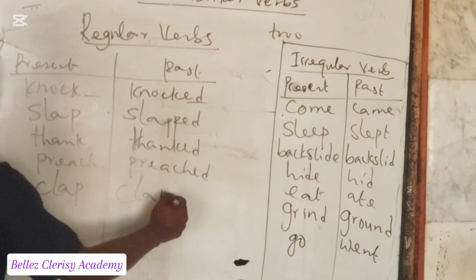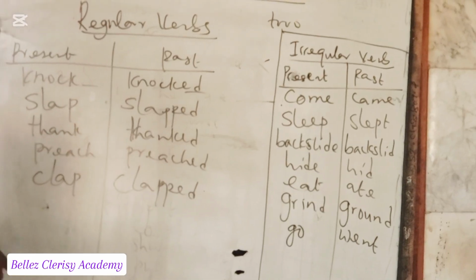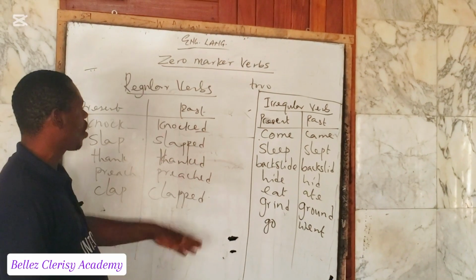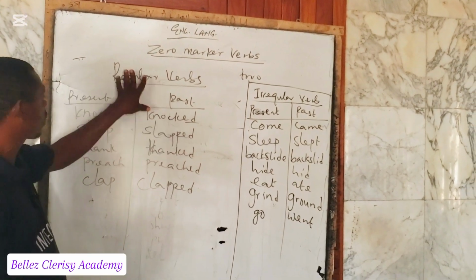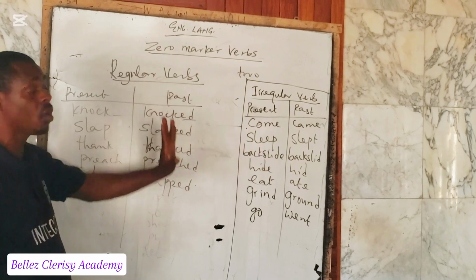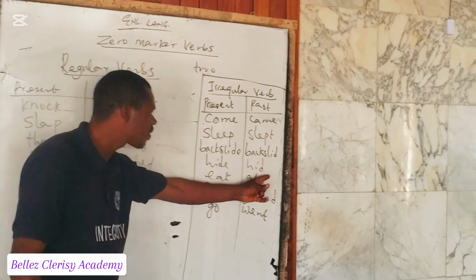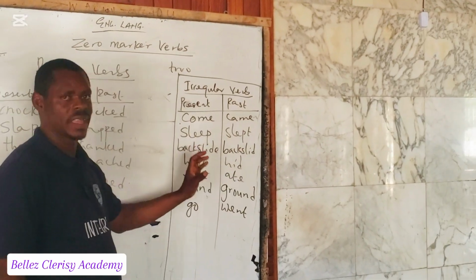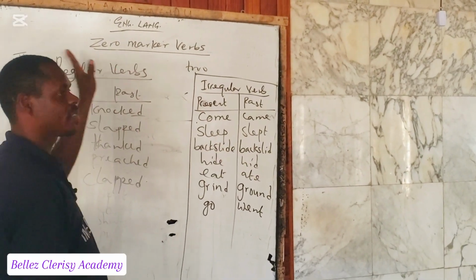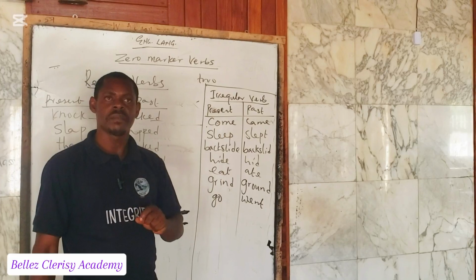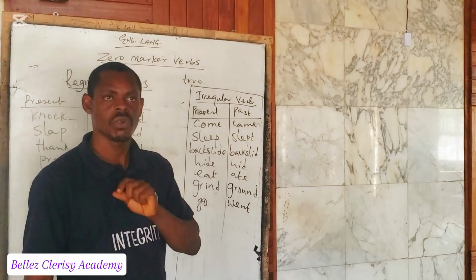Clap, clapped. So don't be surprised, JAMB will never go here because they know you understand vividly what regular verbs are. Just add your ed. Then past tense of irregular and zero marker verbs, these are the areas JAMB loves to ask you questions.